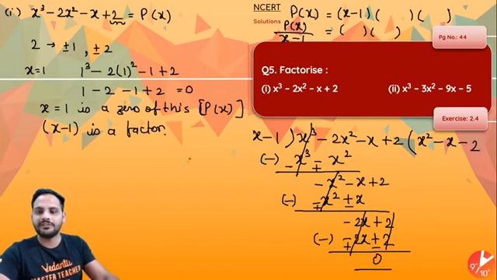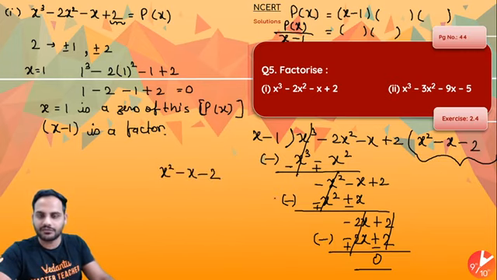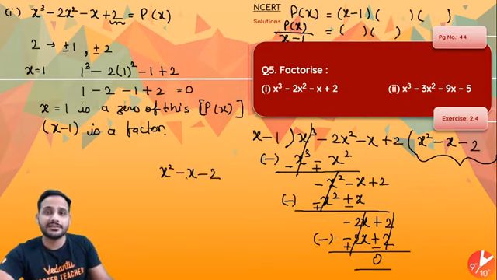Right? Now I will factorize this quadratic equation. This quotient which I have got, I need to factorize this. So I will say, x square minus x minus 2. I need to factorize this part. So the factorization, addition should be minus 1, multiplication should be minus 2. Quite easy, minus 2 and 1, right? So x square minus 2x plus x minus 2.